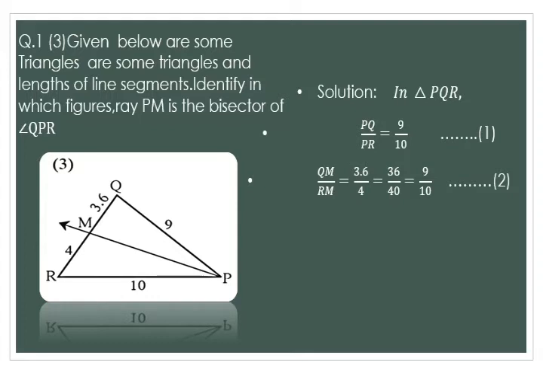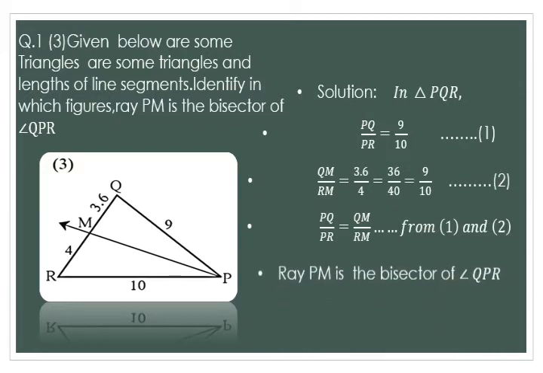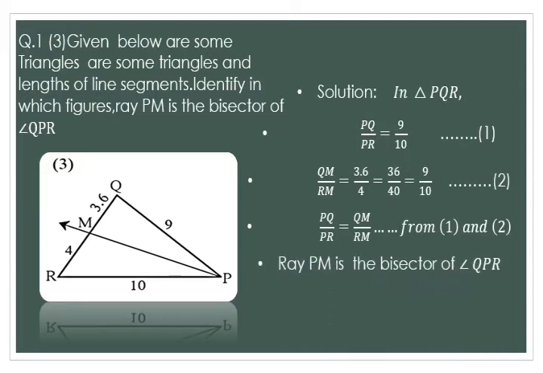After reducing it, we get 9 upon 10, which we call equation number 2. So equations 1 and 2 are equal. Hence PQ upon PR is equal to QM upon RM from 1 and 2, and we can say that ray PM is the bisector of angle QPR.